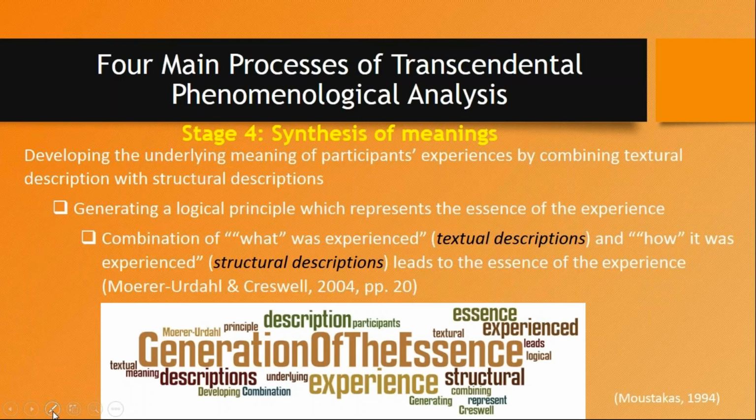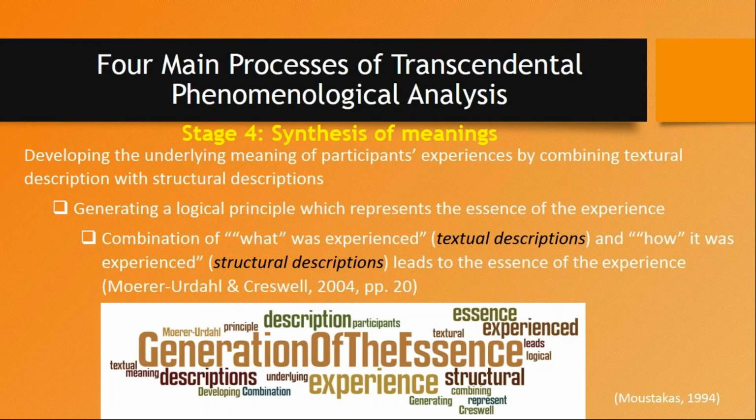Okay, so the last stage is the synthesis of meanings, right? This is also another tough stage that you have to pass through if you are using transcendental phenomenological analysis, right? So it's all about developing an underlying meaning. I don't know whether you are noticing the process.